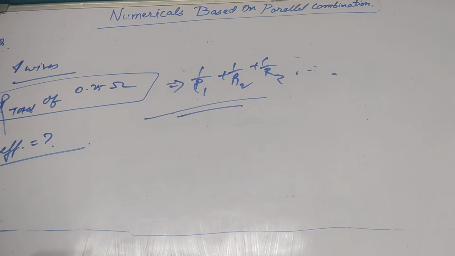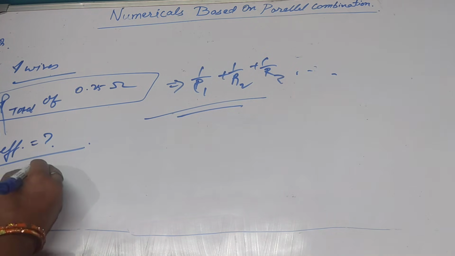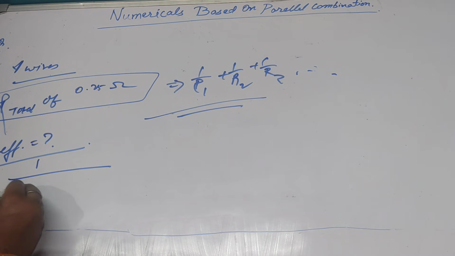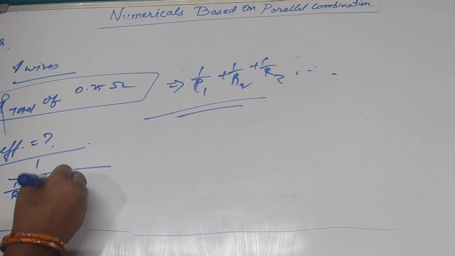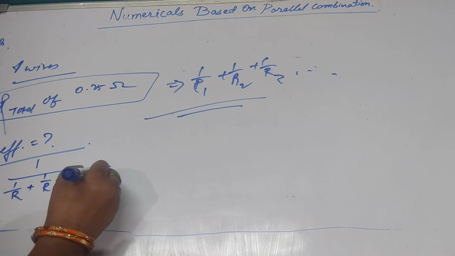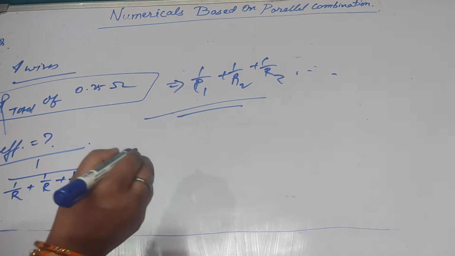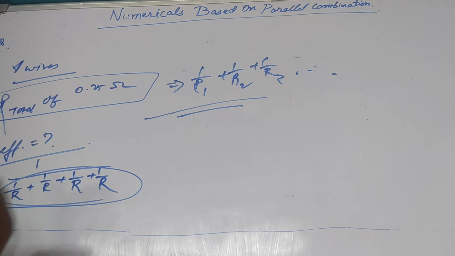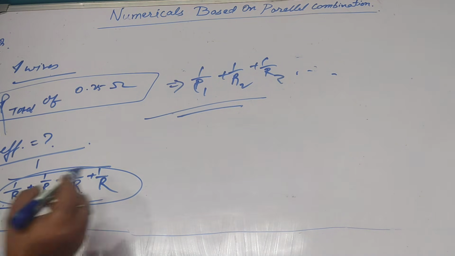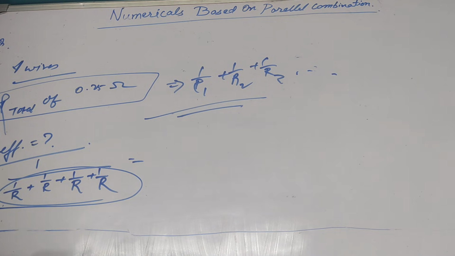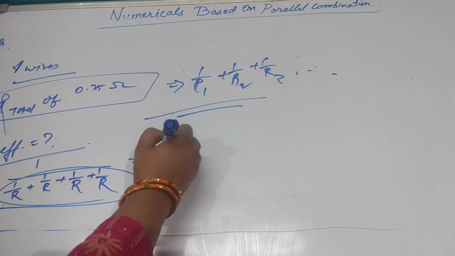When 4 wires of each resistance R are connected in parallel, the equivalent resistance will be, see, note down this one. What we'll get? Simply we'll get R by 4.